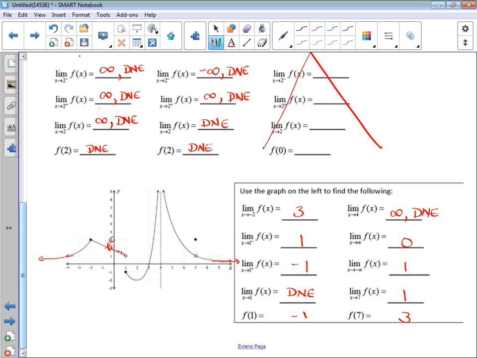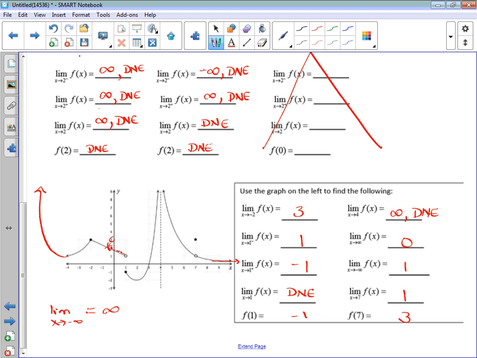I just want to talk about one other thing. Let's say our graph over on the left here did something like that on the end, and I asked you the limit as x approaches negative infinity. Where is your graph going? Infinity. You don't say does not exist for this one.